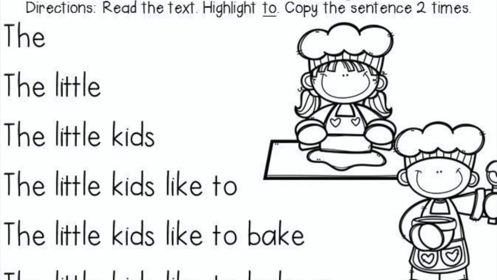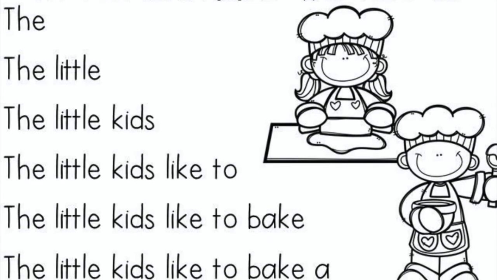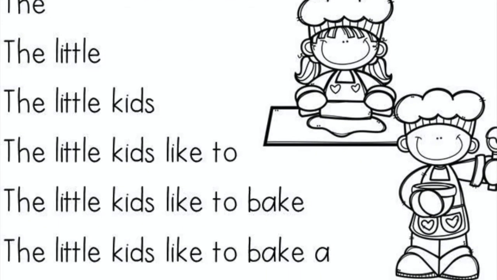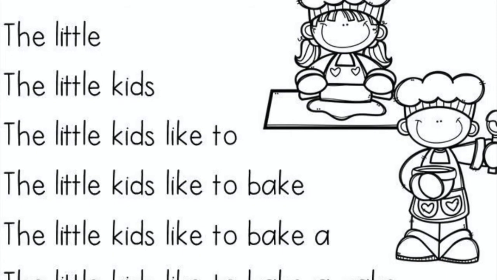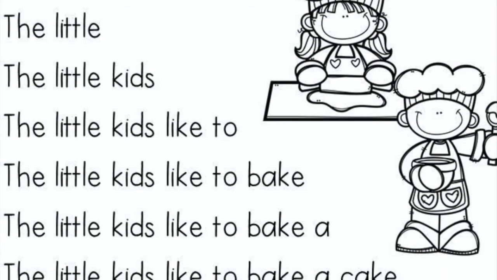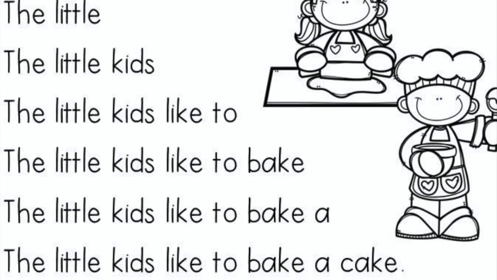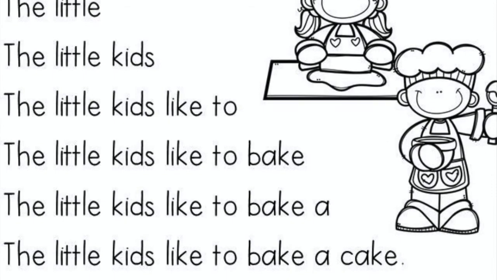They would start with the, then move to the next line, the little, after that, the little kids, until they get to the end. The little kids like to bake a cake. Teaching students that we read in phrases will help them group words together, build expression, and allow them to become more fluent.